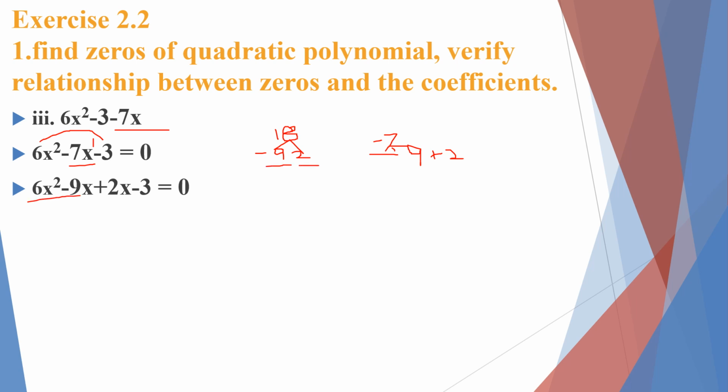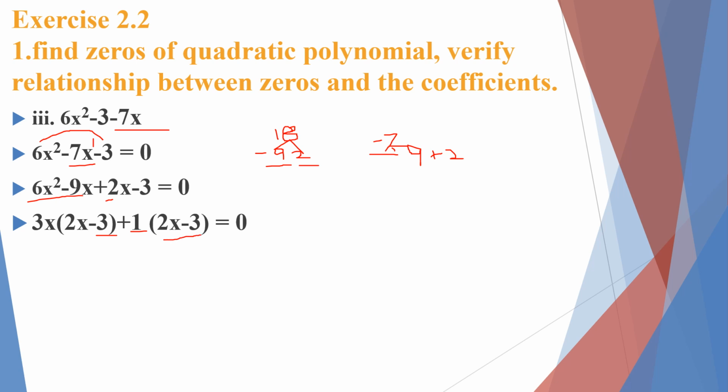From the given two numbers we are going to take 3x common outside. After taking 3x outside, 3x multiplied with 2x gives 6x square, and after taking 3x common, minus 3 will be remaining. So when we take plus 1, 2x minus 3, the same numbers we will be getting here.